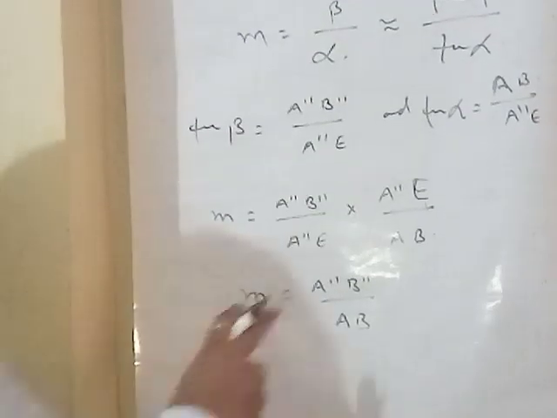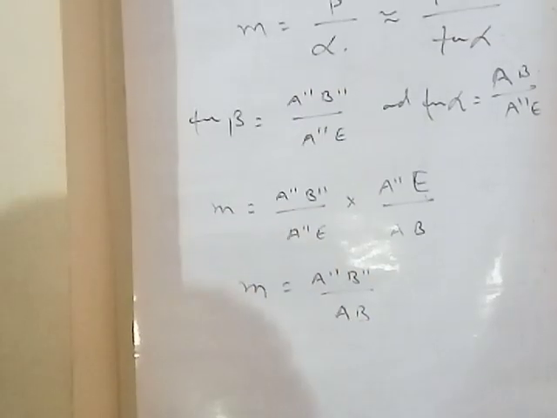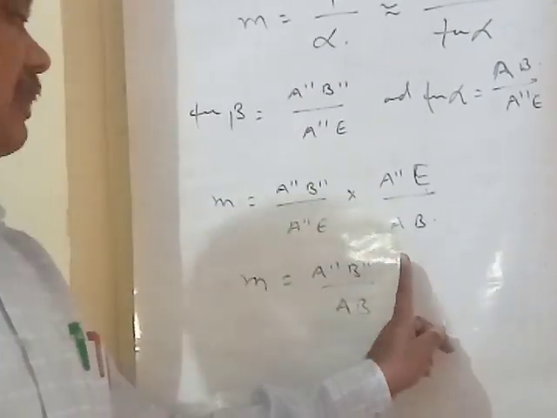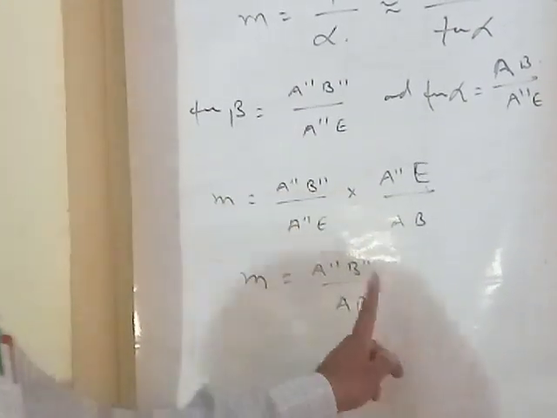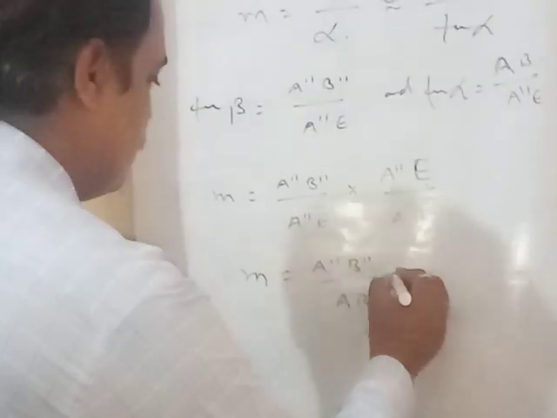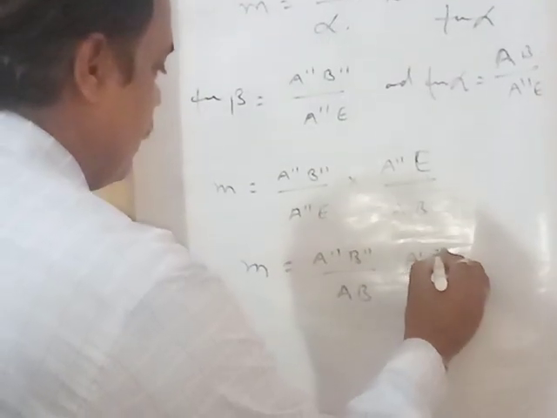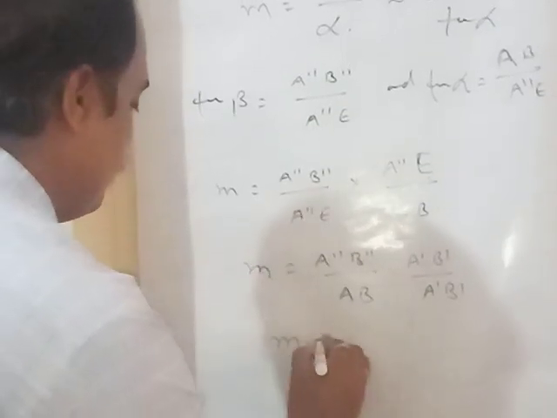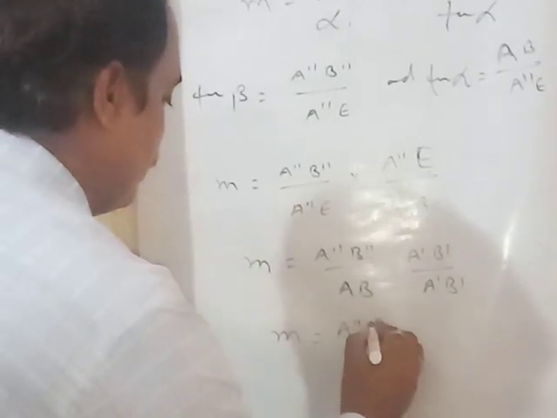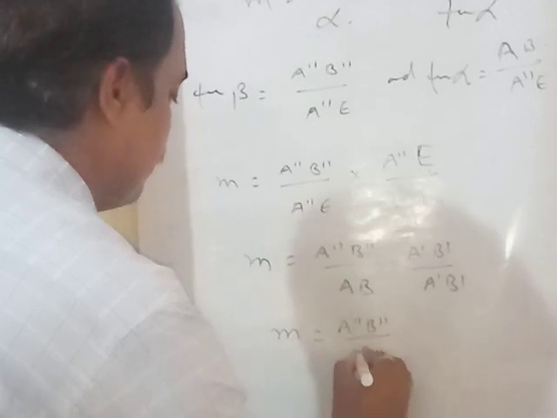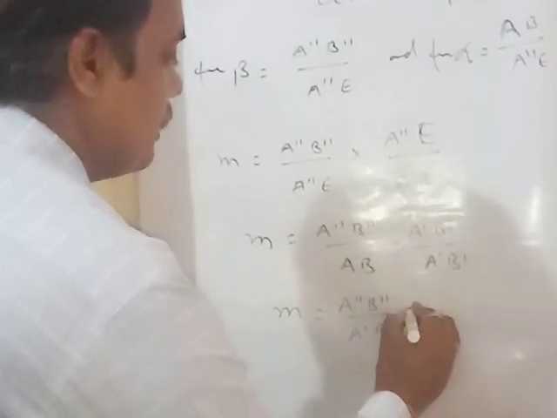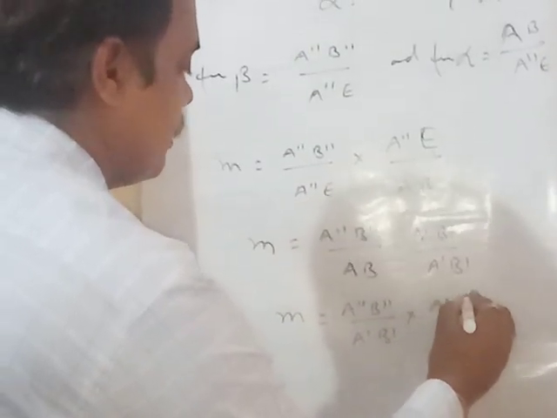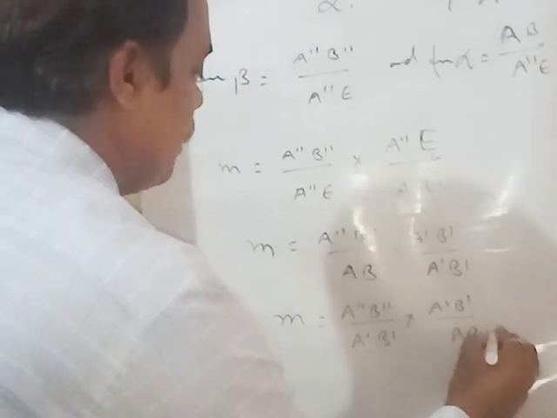This equation may be rearranged by multiplying the numerator and denominator by A dash B dash. We may write m equal to A double dash B double dash upon A dash B dash into A dash B dash upon AB.